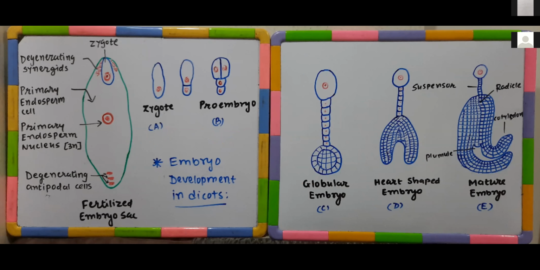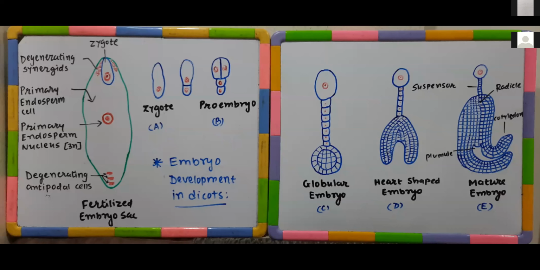From an exam point of view, just diagrams are important. In the diagrams, stages may be asked and you have to identify the stage. Second possibility is to draw the stages of the embryo development. That could be the second possible question related to this topic.